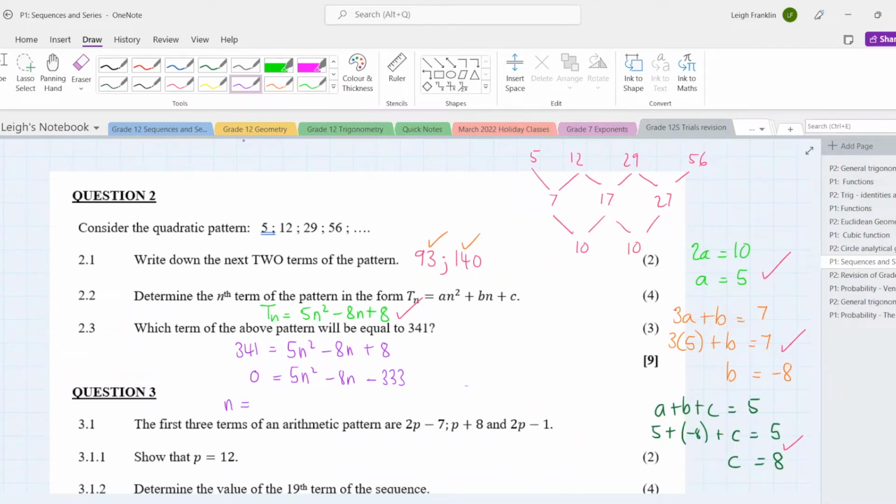So n equals negative b, so that's negative 8 plus or minus the square root of b squared, so negative 8 squared minus 4 times 5 times negative 333, all over 2, and then a is equal to 5. Sorry, I'm running out of space. We're going to have 2 answers for n. So you're going to work those out, and you're going to tell me what 2 answers for n you got.